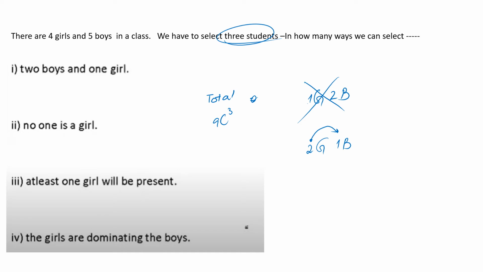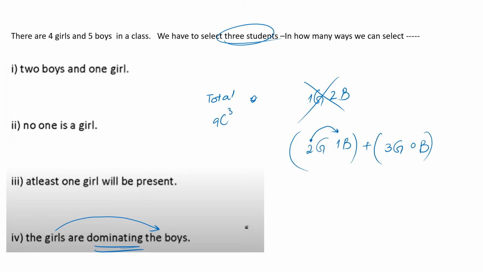Dominating means that the number of the girls must be more than the number of the boys. So two girls, one boy is the right situation. Now if some students are telling me three girls and zero boys, is this also a situation?